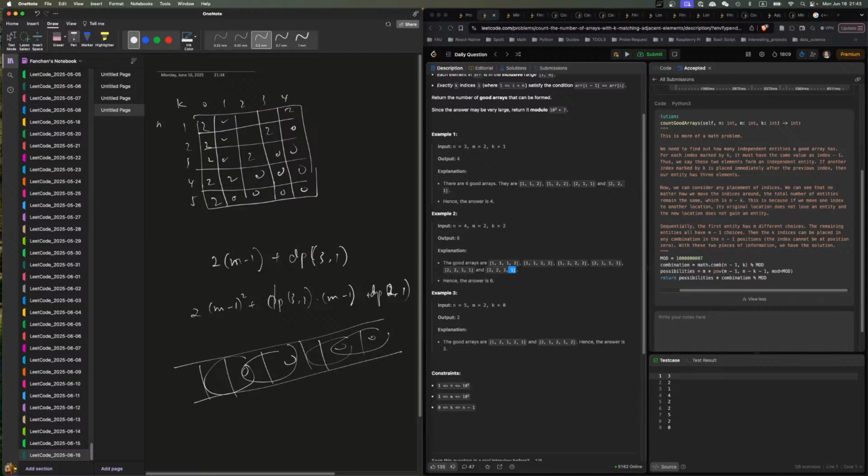And once we're done, if we have k independent entities, which means they don't overlap, so we take k positions.